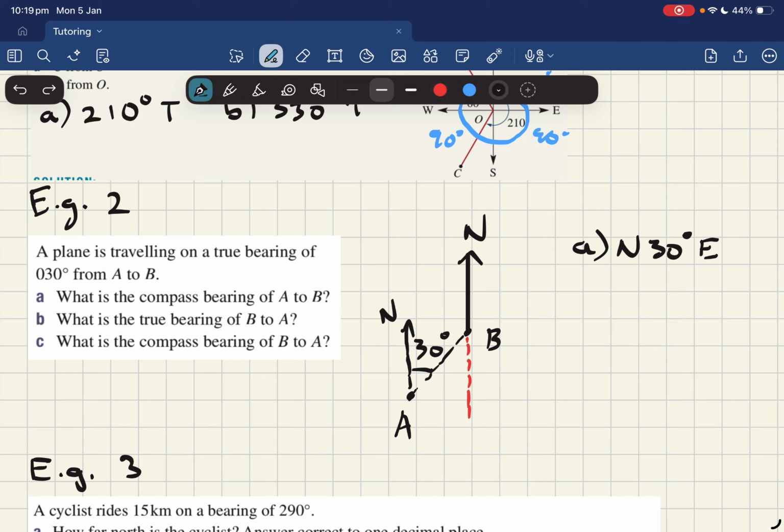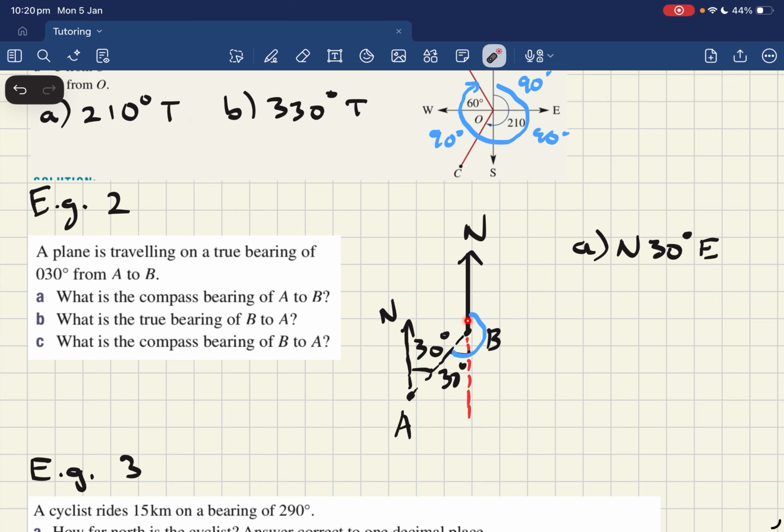So not only is that angle going to be 30, this angle is also going to be 30 degrees, which means the true bearing of B to A is this entire angle here, right? Because we're measuring from north and we're always going in the clockwise direction. So this angle all the way down here is a straight line.